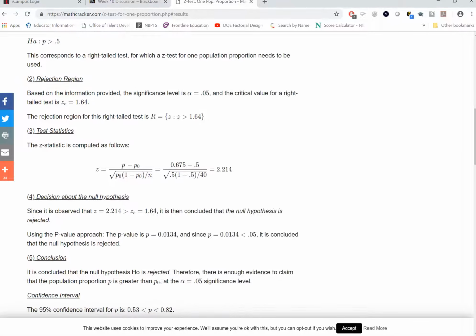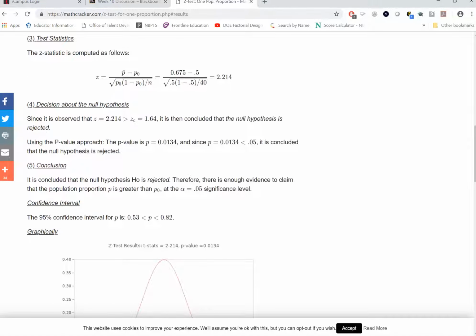You see down here number 4, where it says using the p-value approach, the p-value is 0.0134. And since that p-value is equal to 0.0134, and that is less than alpha of 0.05, since it's one directional, it is concluded that the null hypothesis is rejected.